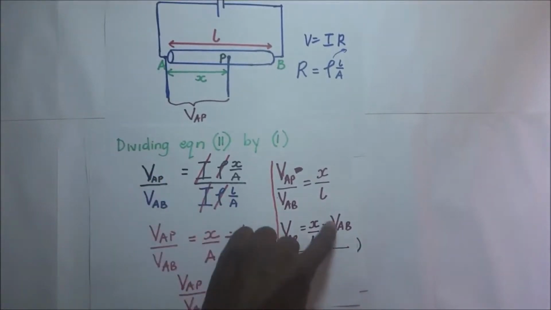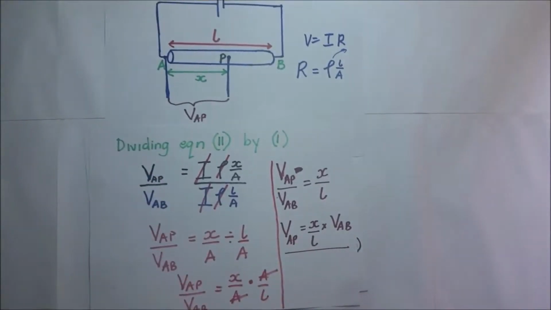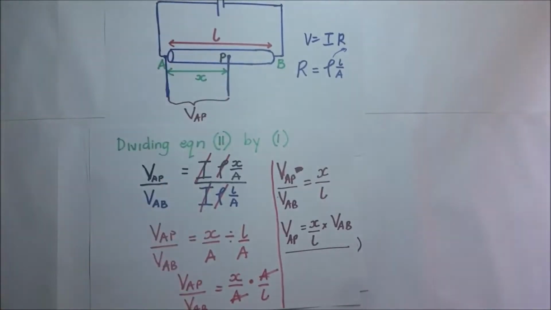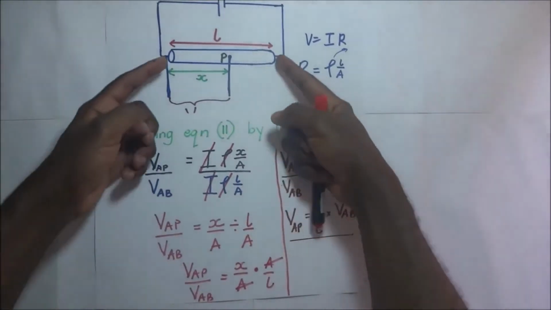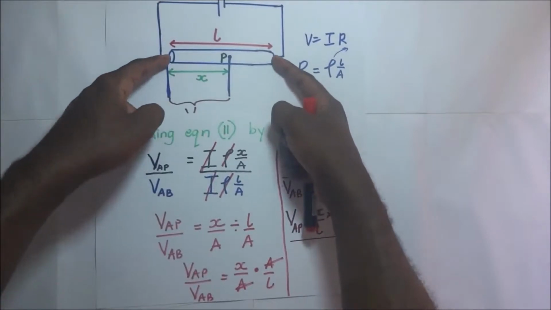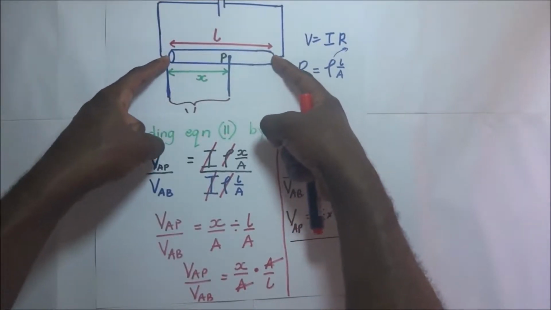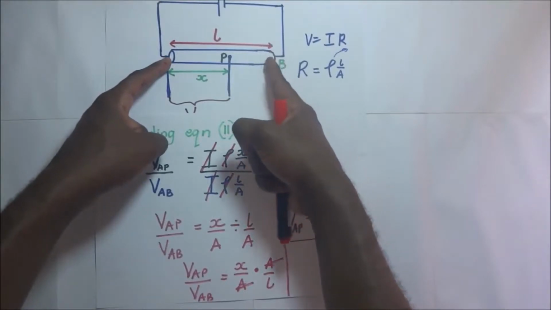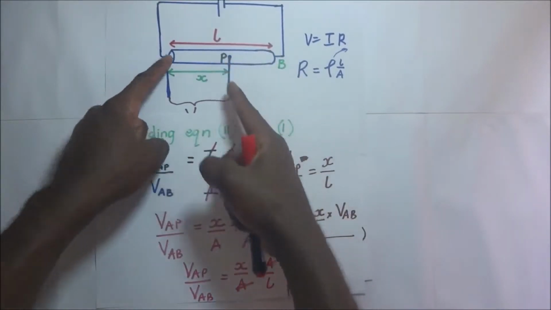So this expression shows us that the potential difference across a section of the wire is always proportional to the length of that wire. In other words, if the potential difference across this whole wire is 10 volts and this wire is 10 centimeters, it would mean that each centimeter of that wire is 1 volt.